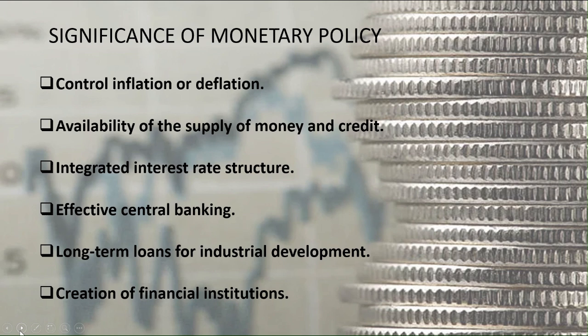Central banking controls money supply and interest rate to keep the economy stable. Long term loans for industrial development. These are loans for big projects and business to grow and create jobs. They help companies invest in new technology and expand. By providing long term money, these loans boost industrial growth and overall economy.